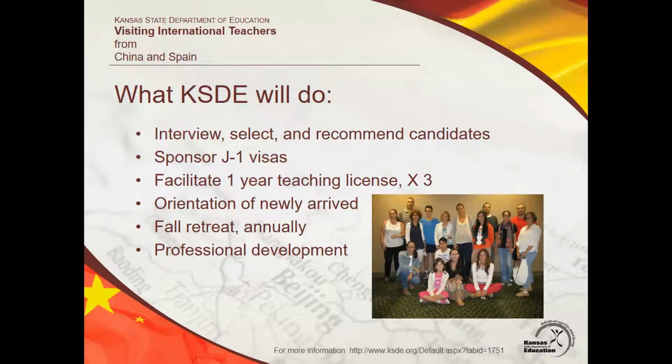KSDE also grants a one-year teaching license for up to 3 years, and both the local school district and the teacher have to agree to continue that commitment for that teacher to continue to work in that school district for up to 3 years. So it's a year-to-year teaching license, but it can be used for up to 3 years.